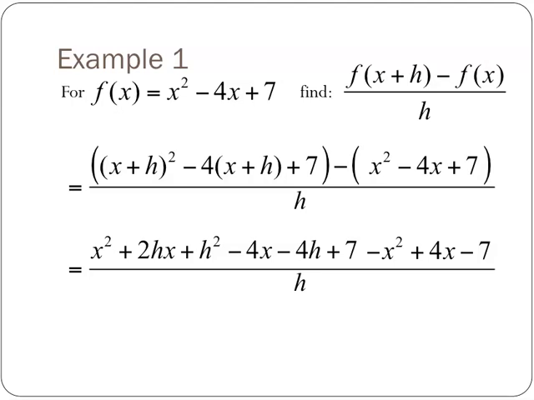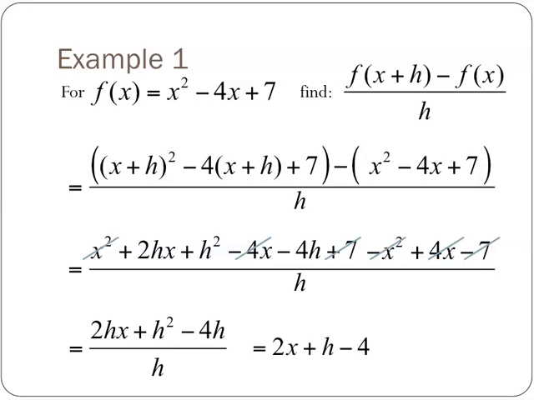Find anything that cancels out: x squared with the minus x squared, minus 4x with the 4x, 7 with the minus 7. That leaves us with 2hx plus h squared minus 4h all over h. Divide everything by h, and that leaves us with 2x plus h minus 4. Now that's the difference quotient.